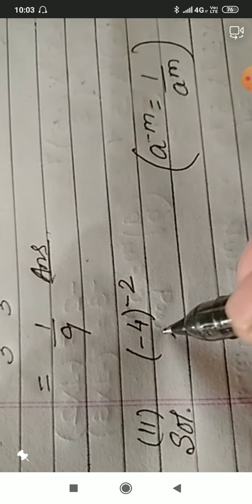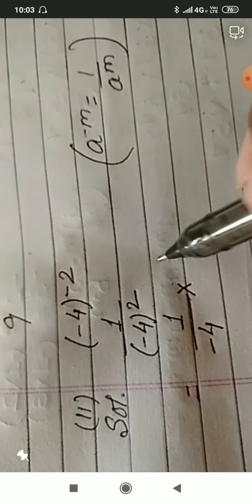Now by using this law we can write it here as 1 by minus 4 to the power 2. What we have done here is removed this minus sign by writing 1 by minus 4 to the power 2. Now after this we can write 1 by minus 4 into 1 by minus 4.